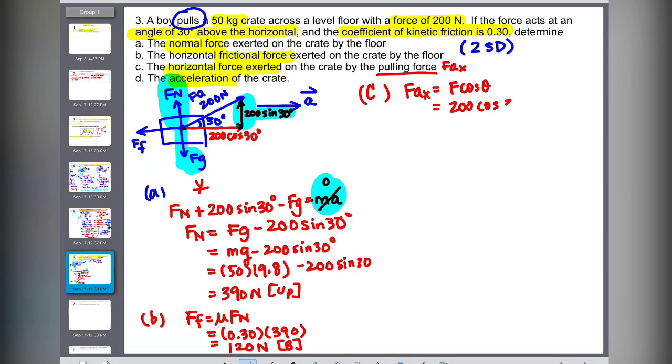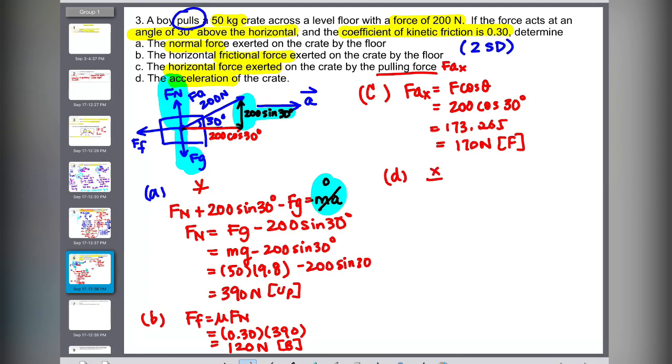And so the F is 200 cosine of 30, which is 173.205. I know sometimes you're like, how come she sometimes writes it in decimals and sometimes she doesn't? Because I want to keep as much decimal places as possible.